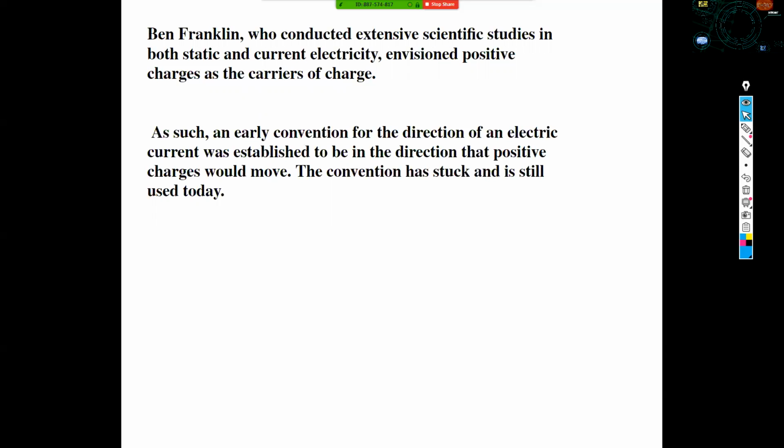Even as we talk about the flow of electricity and the direction of current, we're going to draw it still as a positive test charge. But you have to understand that if you could see the charges moving, it's actually electrons, and they're going to be moving in the opposite direction.